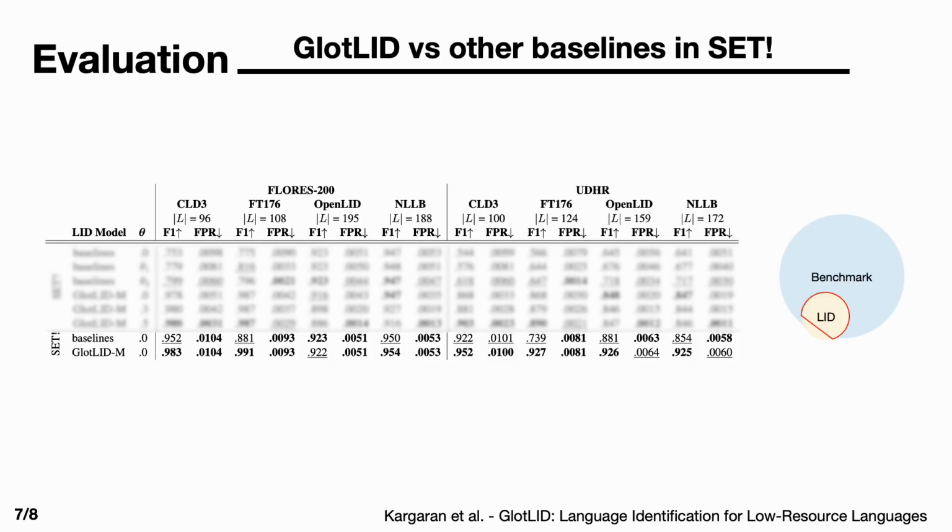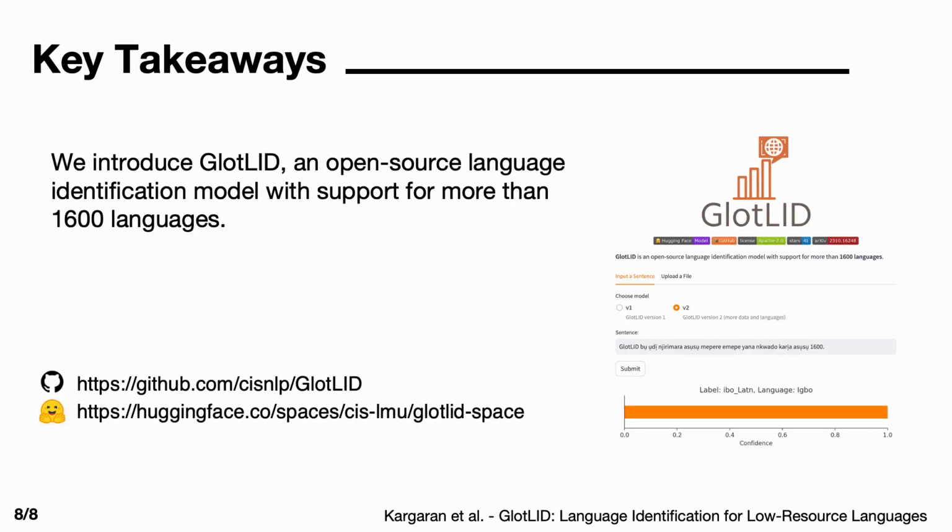Here you can see the result of comparing GlotLID versus four off-the-shelf language identification models on the two benchmarks of Flores and UDHR. In all of the settings, when balancing the F1 and FPR, GlotLID outperforms all of the models. So we introduced GlotLID, an open source language identification model for 1600 languages. You can find our model on GitHub and also our demo on Hugging Face.